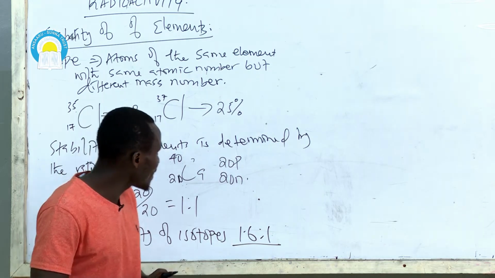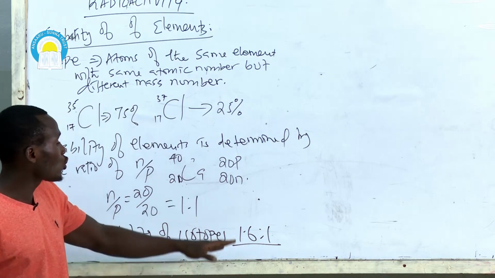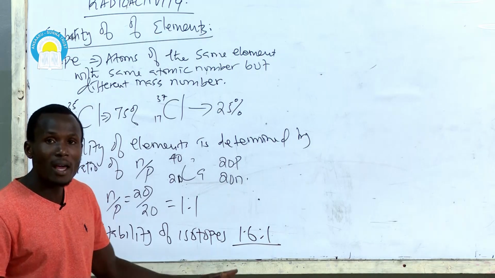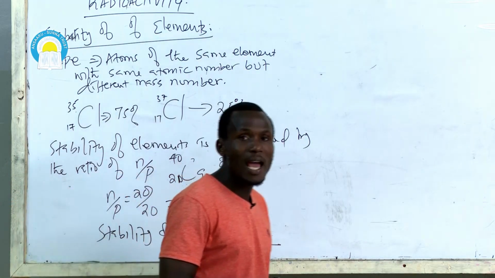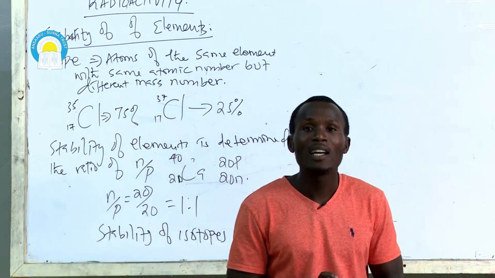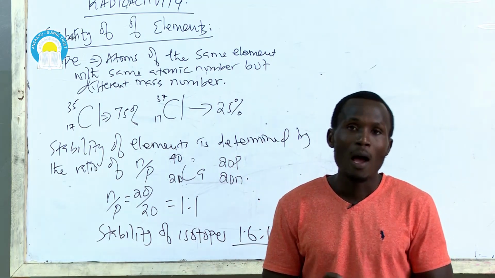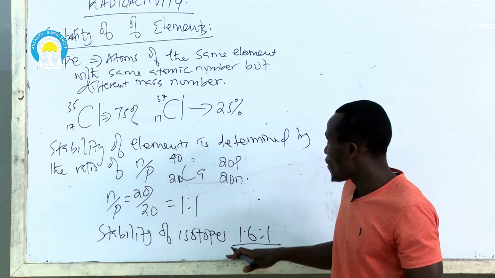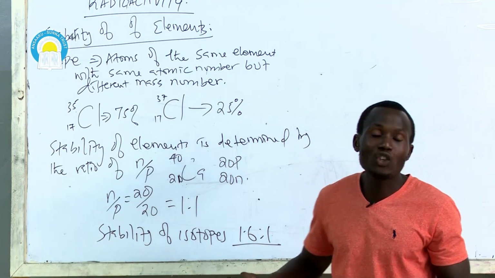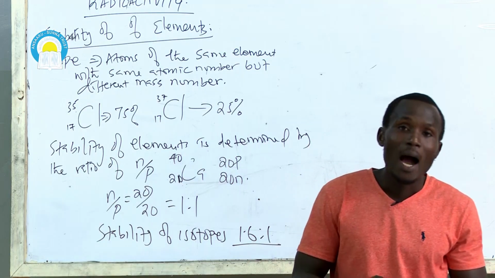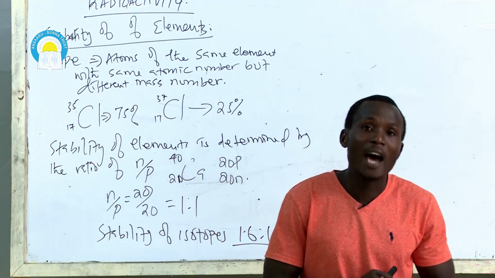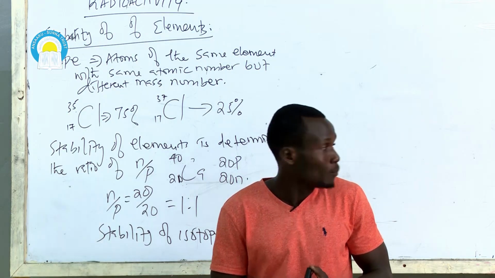If the ratio of neutrons to protons is within the range of 1.6:1, then that element is still stable. But if it becomes bigger than this, then that shows that the element is unstable, and we say that it is a radioactive element.